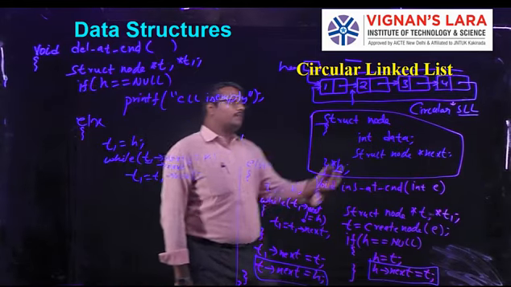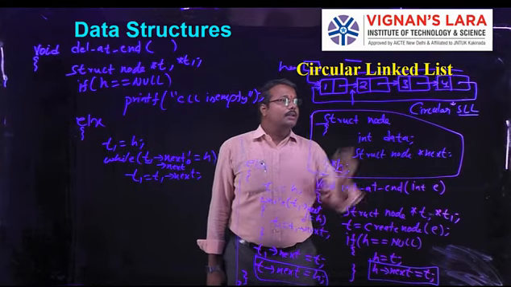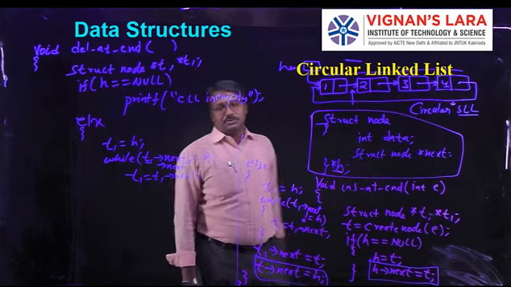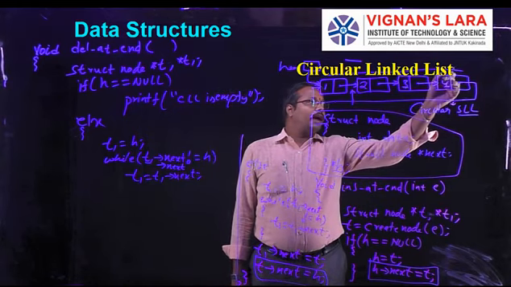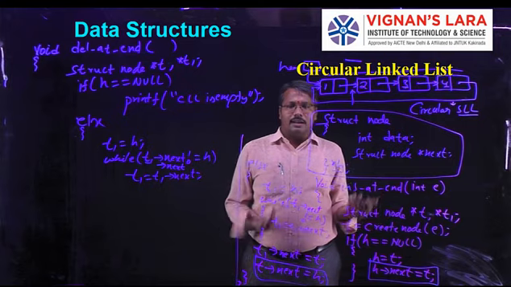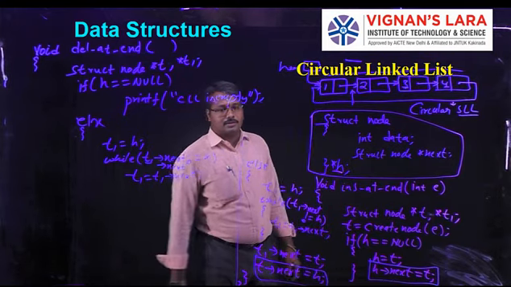Suppose here we want to delete 4, I need to find the 3 node address, and here I want to make the change. Suppose I want to delete the 4 node, I am having the 4 node address. What I have to do? I can't do anything. I am not deleting the 4 node address.